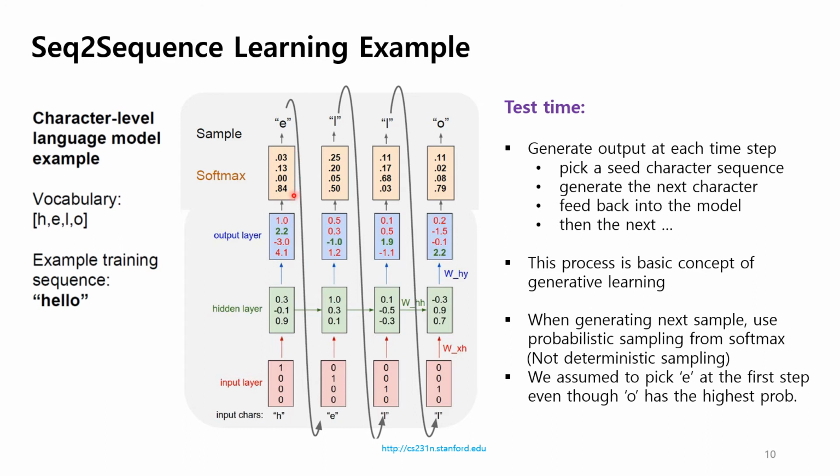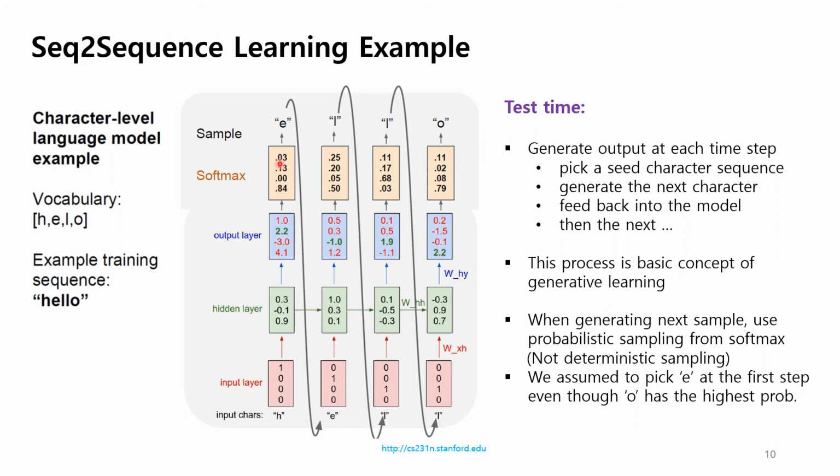Because when we choose the output at this time step, we do probabilistic sampling. We do not simply choose the maximum score value. Instead we change it into probabilities, and each probability represents the probability of being selected as an output.